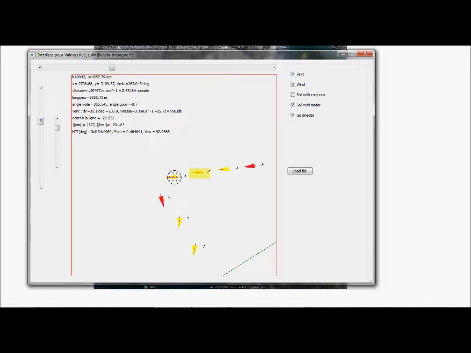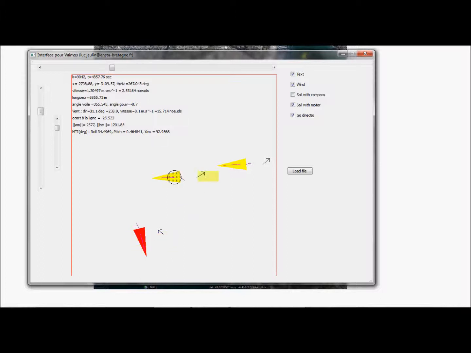When it is yellow, it means that the boat is in close hold mode. I mean, it is almost not in the go zone, but almost going in the direction of the wind. The arrows here correspond to the wind that is measured, and when it is red, it means that the roll of the boat is too large and the wind sensor is not accurate.